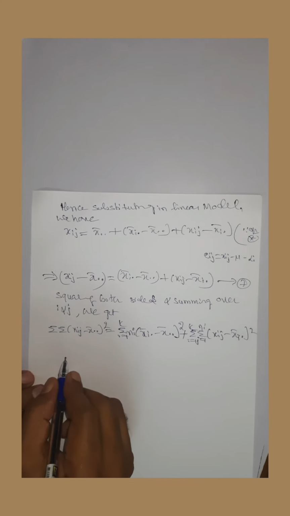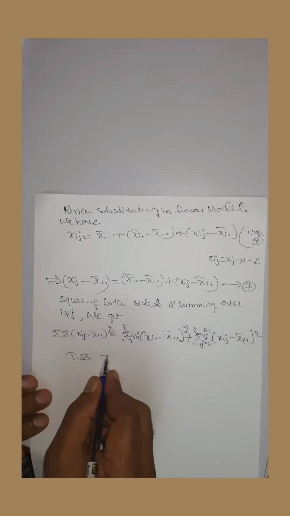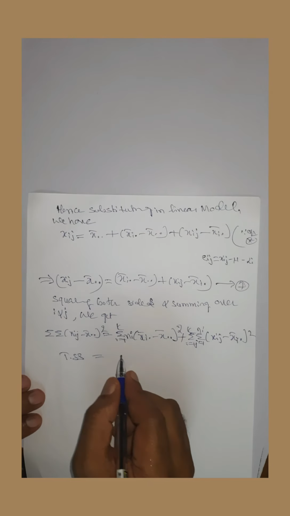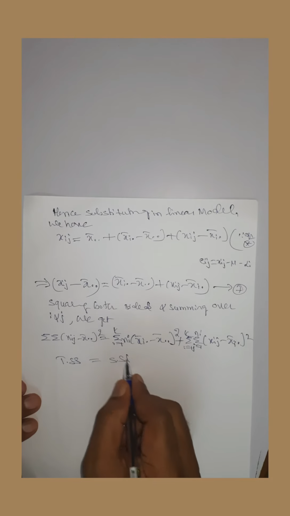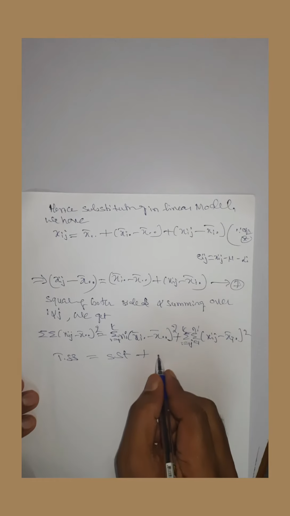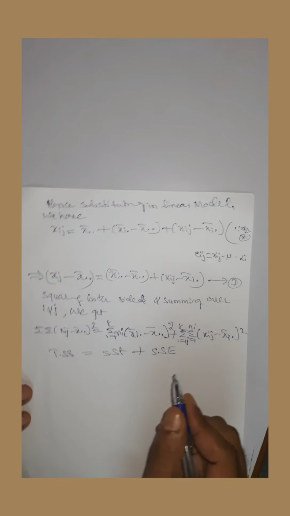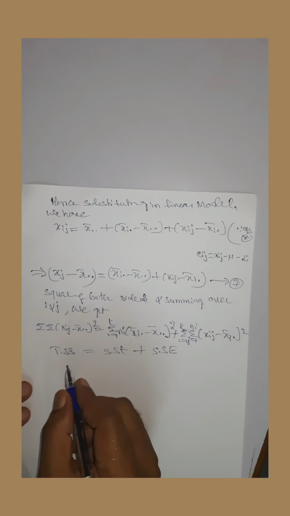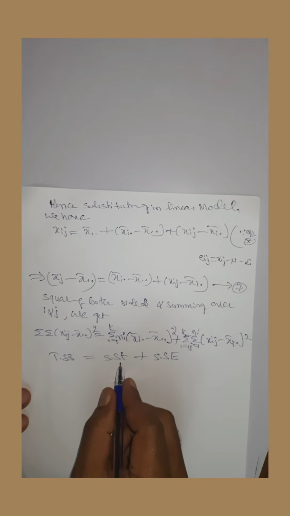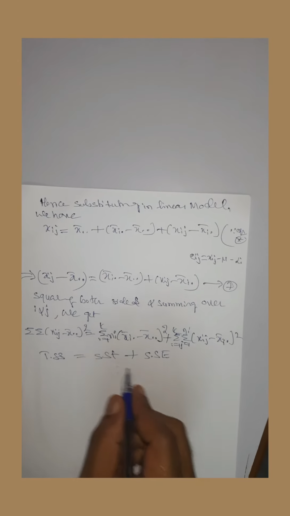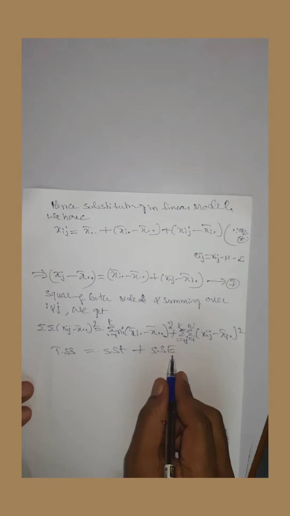On simplification, LHS becomes TSS, RHS first term is called SST, plus second term is called SSE. TSS is nothing but total sum of squares, SST is nothing but sum of squares due to treatments, and SSE is nothing but sum of squares due to errors.